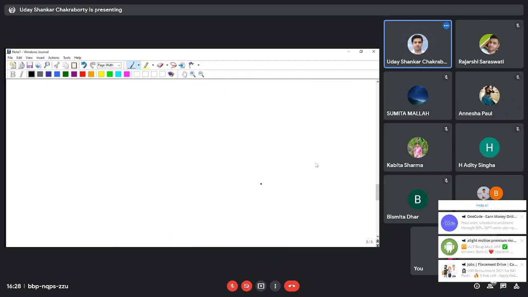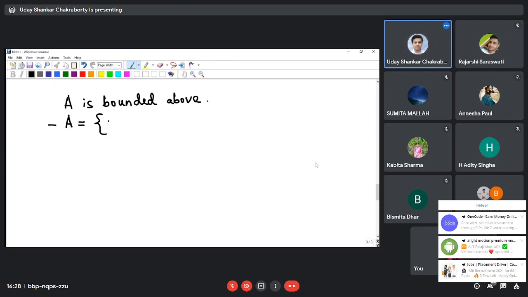Okay. Now, next thing is, suppose A is a set. I know that A is bounded above. What can I say about this set minus A? What is minus A?